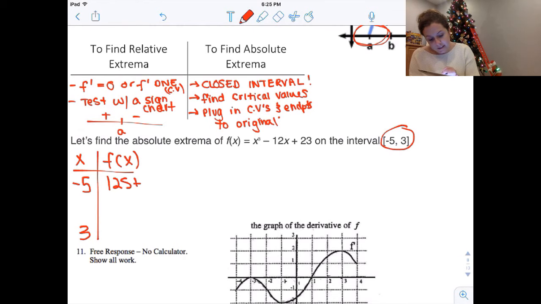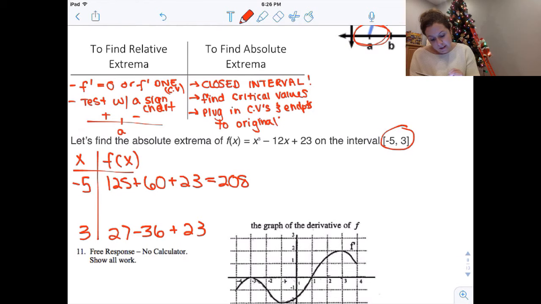So that is 148 plus 60, so 208. And if I plug in 3, I've got 27 minus 36 plus 23. So that is 50 minus 36, which is 14. So I can already tell that 3 will not be my absolute max, and negative 5 will not be my absolute min. So now let's see if there's any other critical values on that interval.